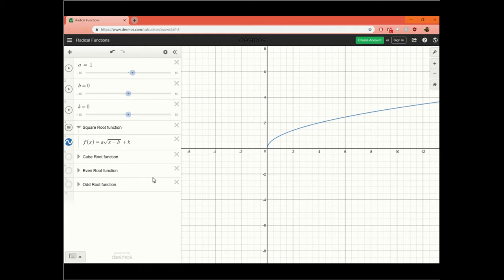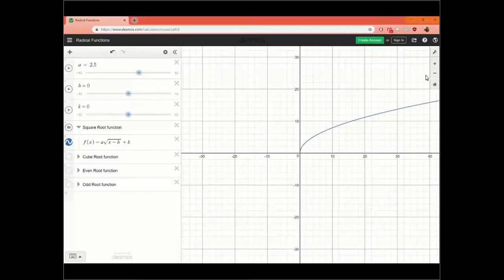This Desmos page is really nice because it can show us what changing some of these values looks like. Let's start with A. If I click here, we can see that while A is getting large, it's raising how fast it's growing. I can zoom out a little bit to give a better view of that.